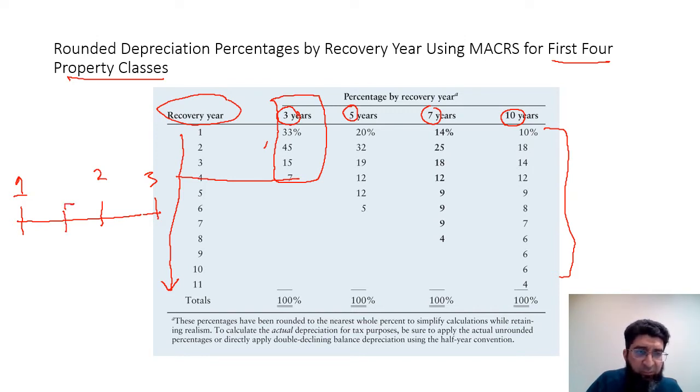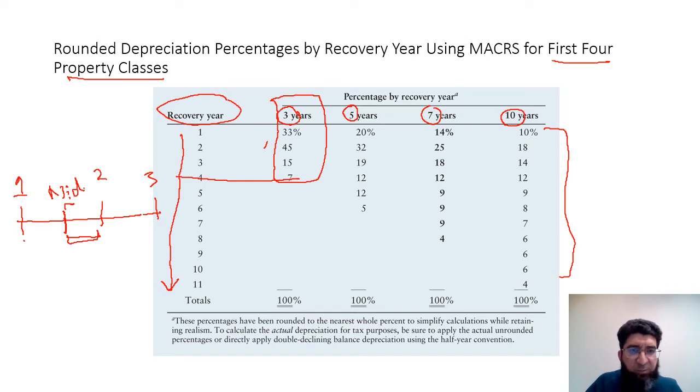So if you buy it at the beginning of year 1 or at the end of year 1, it will always assume that the machine has been bought at the midpoint of the year, so this is for 6 months only.